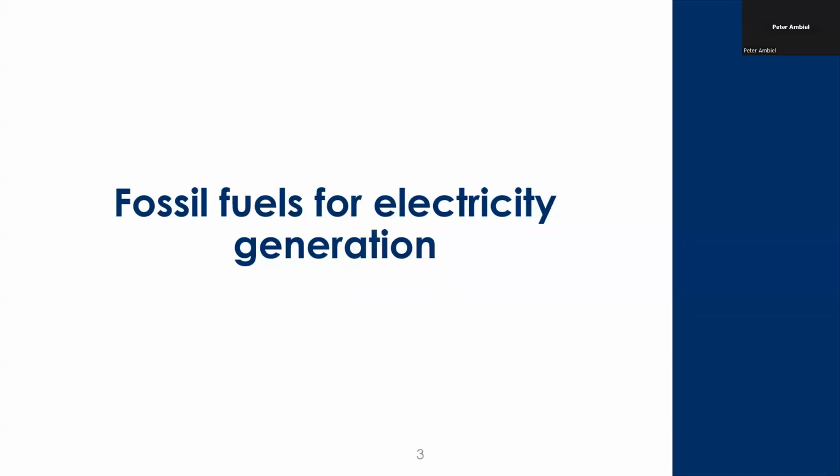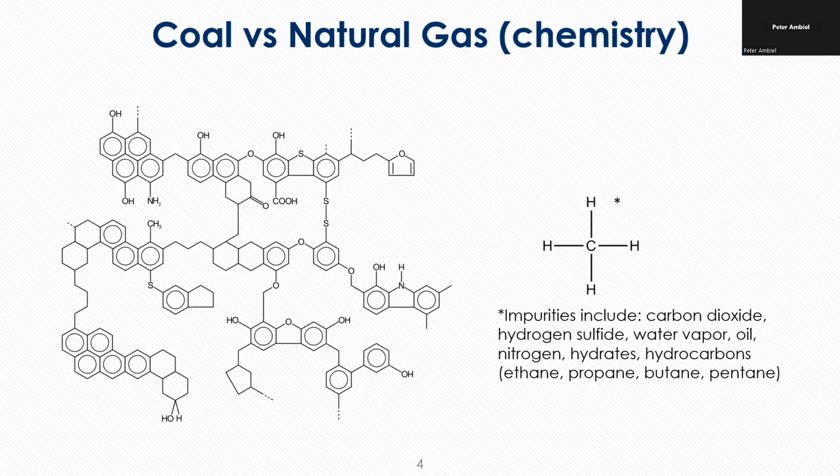So fossil fuels, we're going to first talk about fuels used for electricity generation. Coal versus natural gas, these are both most commonly used in electricity production. And you can see the chemistry of the molecules below here. On the left-hand side is just an example of the type of molecular structure you might see in coal.